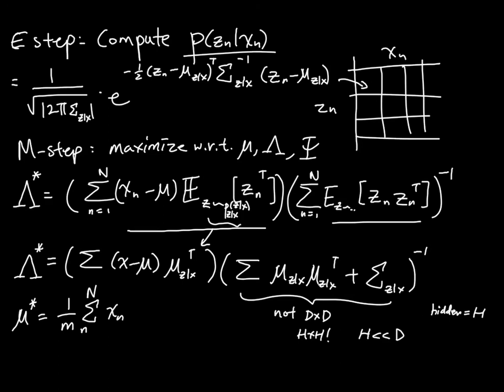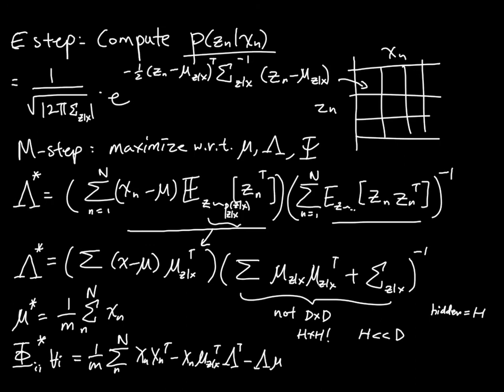That makes sense. And now psi ii for all i is equal to this one, which is kind of long: 1 over N, the sum over n of xn xn transpose minus xn mu z given x transpose lambda transpose minus lambda mu z given x xn transpose plus lambda mu z given x mu z given x transpose plus sigma z given x lambda transpose.